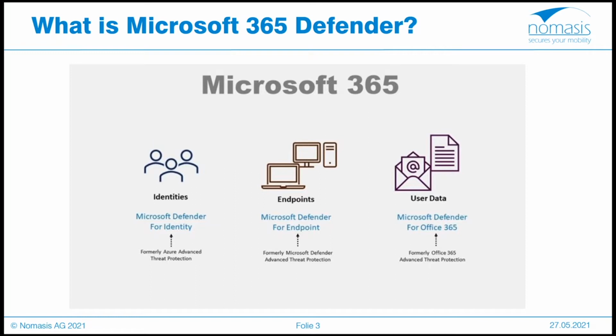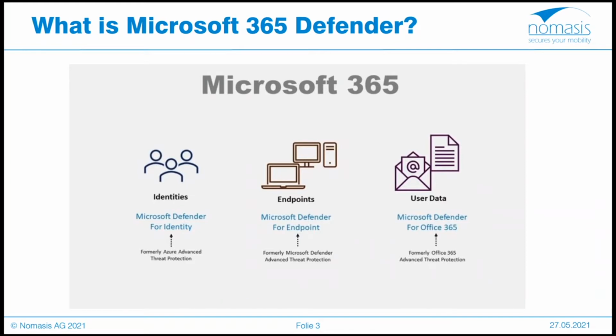It's basically designed to protect Office 365 applications from malicious links, phishing attacks, and similar attacks. Together, they form the Microsoft 365 Defender solution. You can still use all of those products independently, but they still work better if used together.